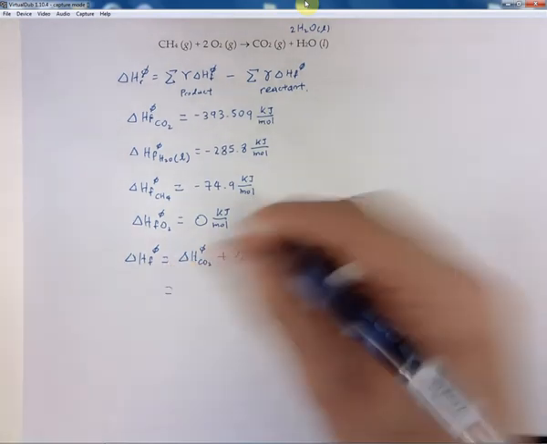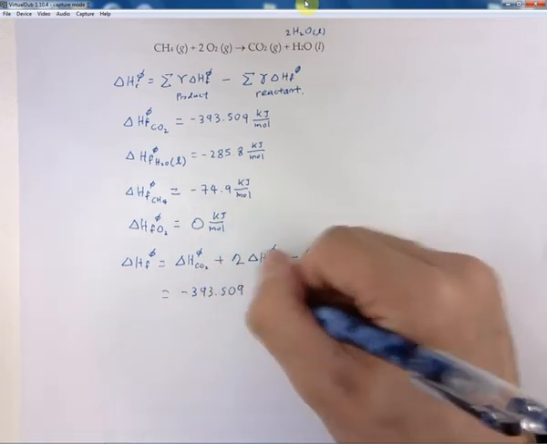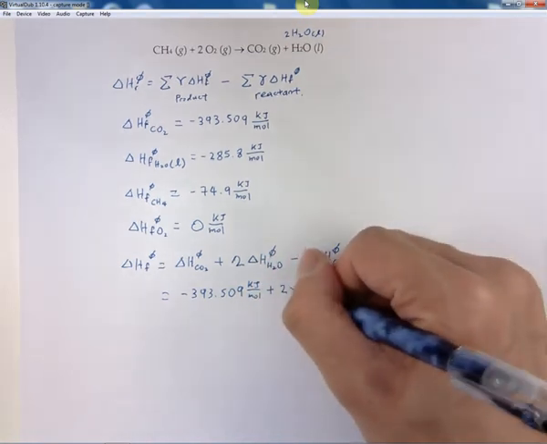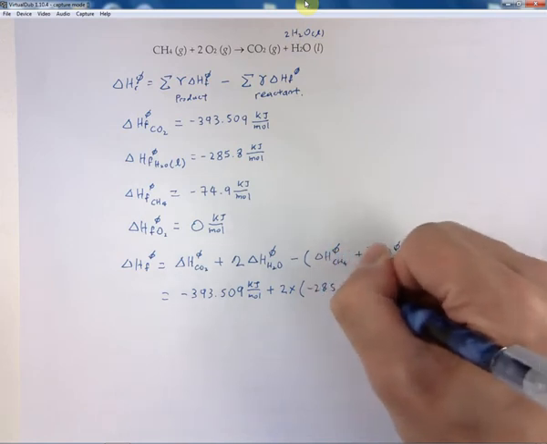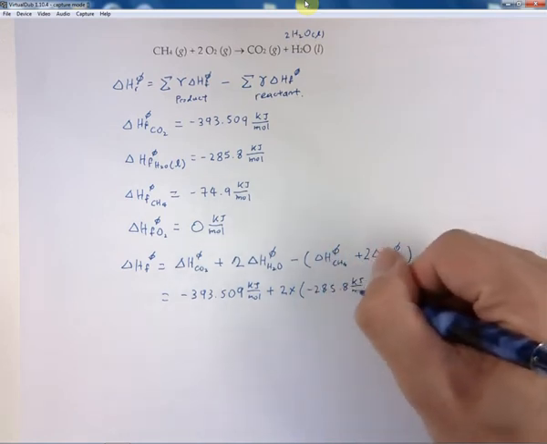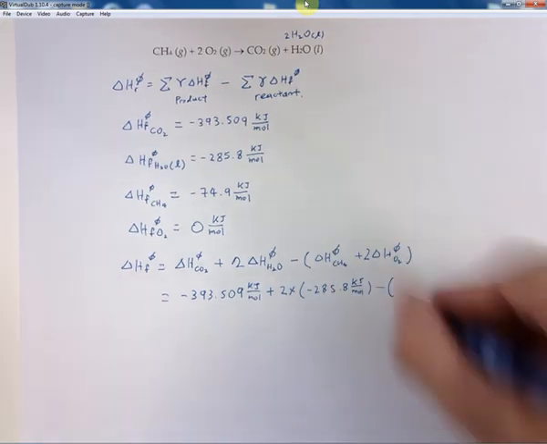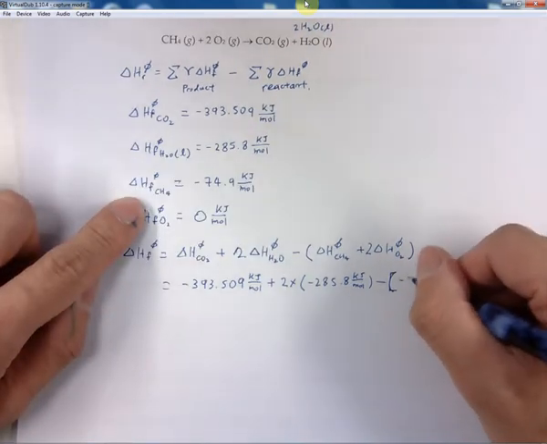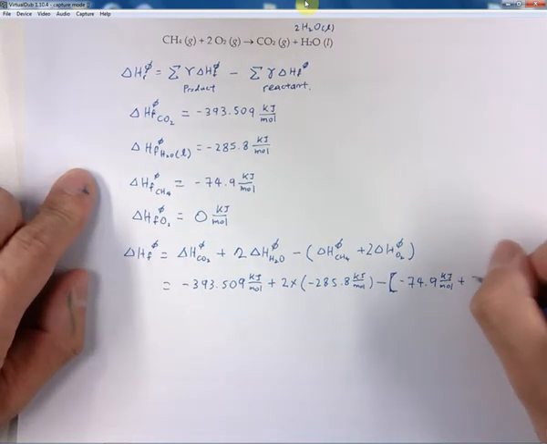So for CO2 it is minus 393.509 kilojoule per mole, plus 2 times water, which is negative 285.8, minus CH4, which is negative 74.9, and plus 2 times 0.